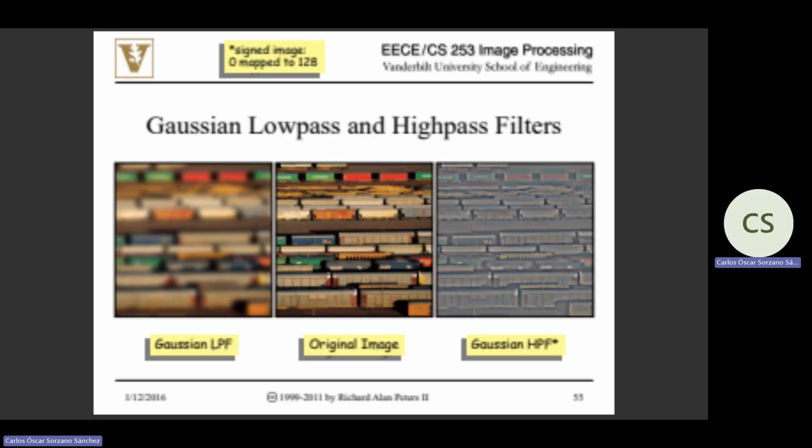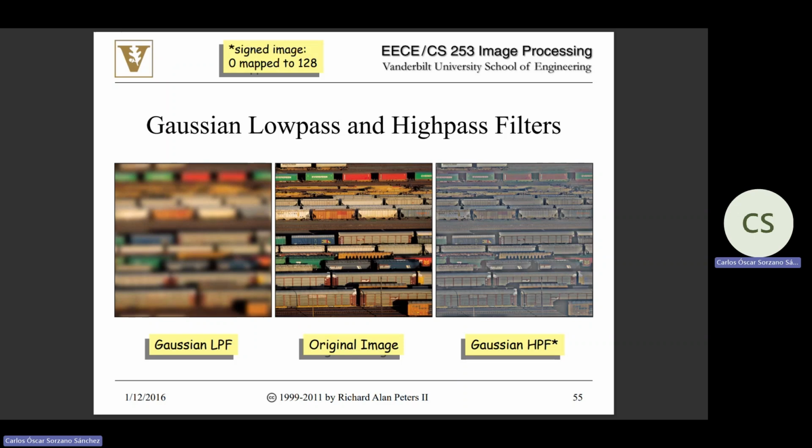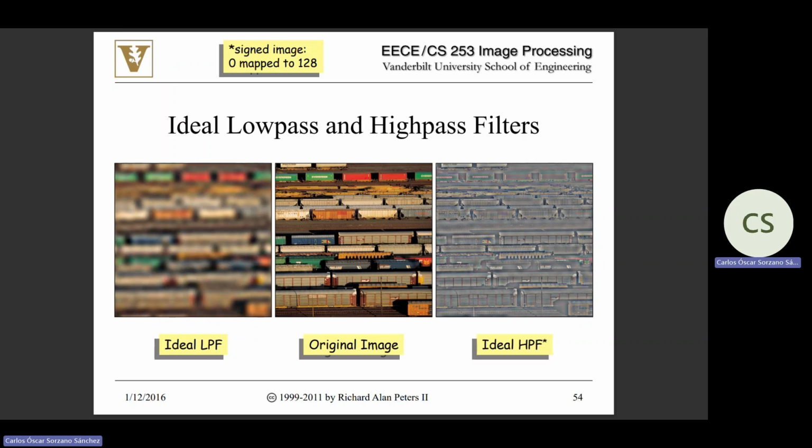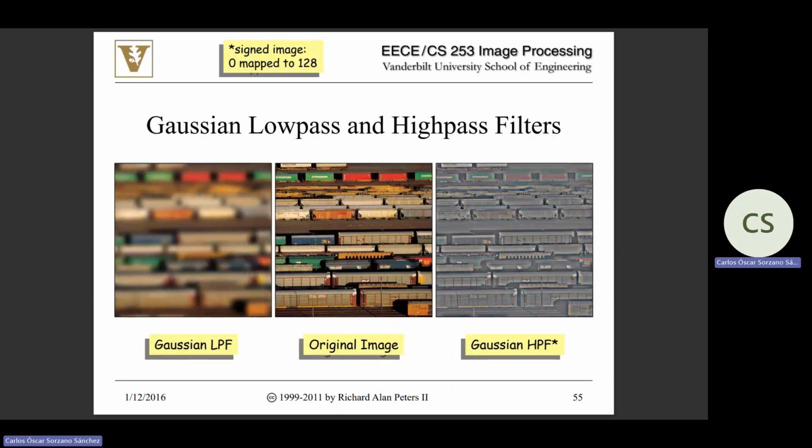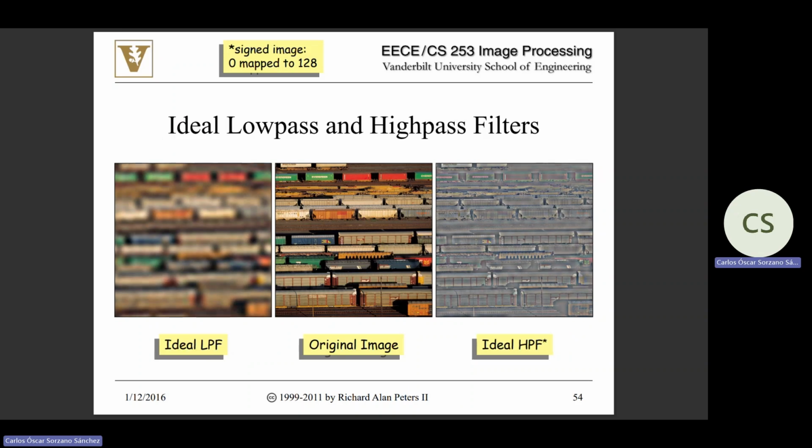If I move from one to the other, look at that one, you see the oscillations caused by the ideal low pass filter. And the same here for the high pass. In the high pass, here you see the edge, but here you see the edges and the oscillations.